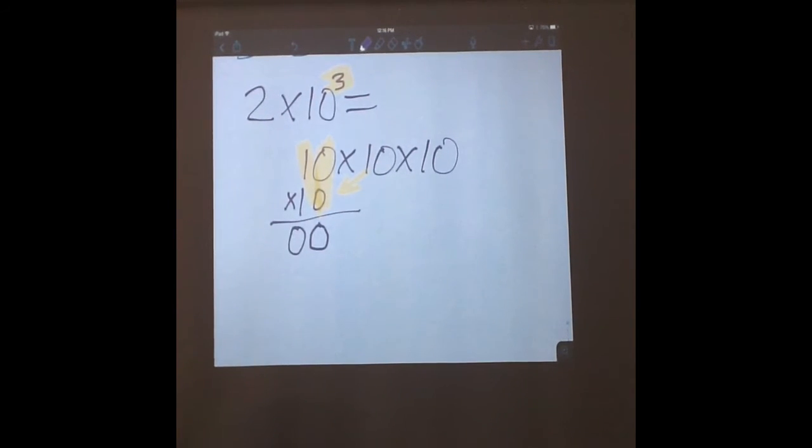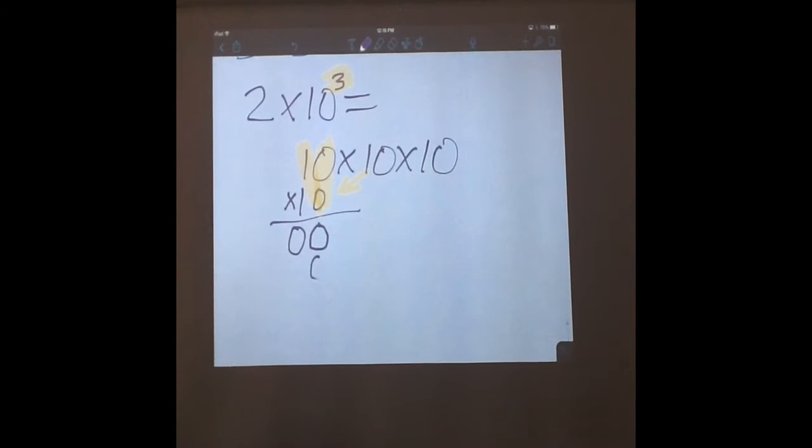Because anything times 0 is what? 0. Because at the beginning of the year we talked about groups, remember? If we have 10 items but we have no groups of them, that means we get nothing. Anybody need a refresher course on that one? No? Okay.